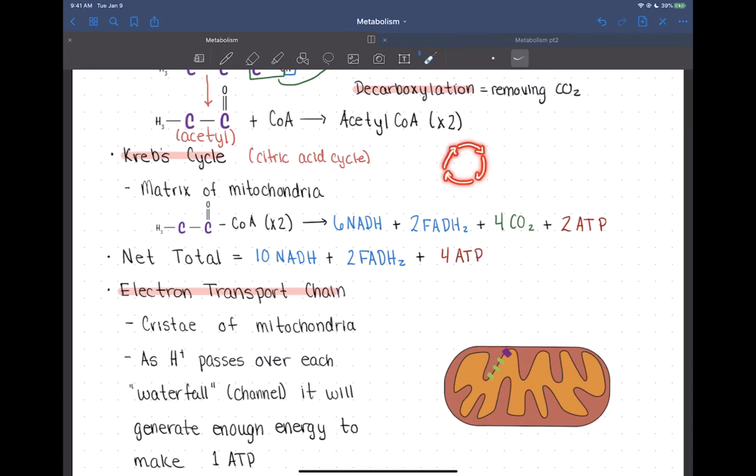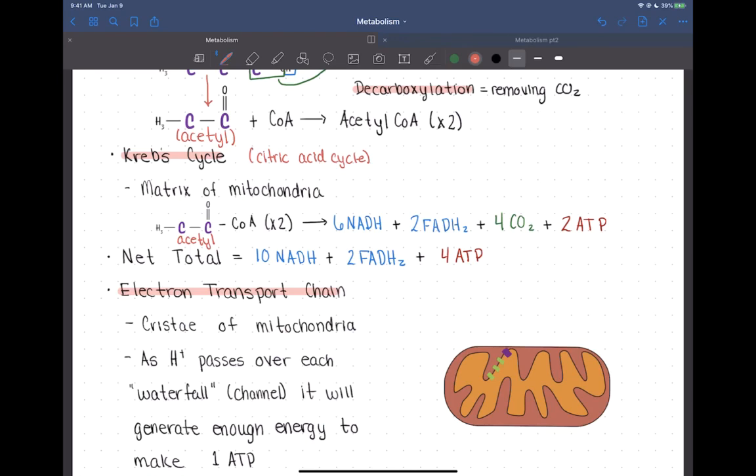There are many, many steps in the citric acid cycle, and I don't want you to worry about any of those specific steps. What you need to know is what goes into the citric acid cycle and what we get out of it. What we're going to put into the citric acid cycle are our acetyl-CoAs. We had 2 of them that we made in the last step.